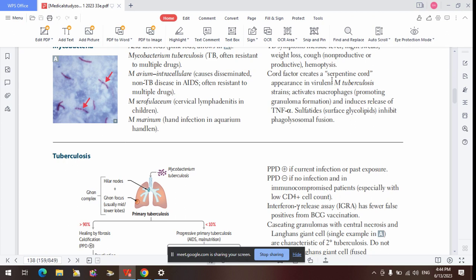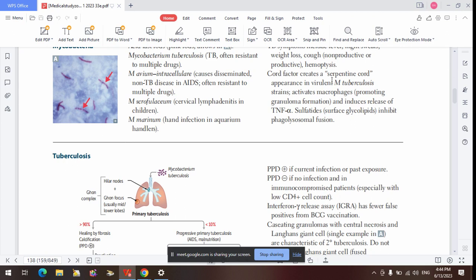So it activates the macrophages and facilitates the formation of granulomas so that you can have confinement of those tuberculous organisms within the macrophages, within that granuloma, so that they don't get exposed to other parts of the immune system and get destroyed.